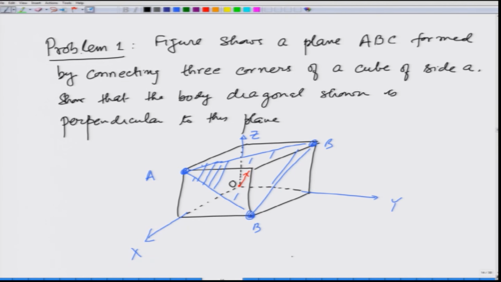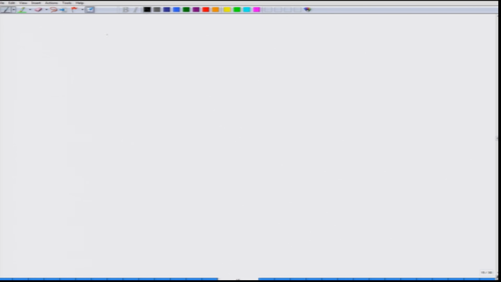Any plane, you will recall, is defined by two lines. So, we can take AB and BC to be the two lines defining this plane, and we want to use vector algebra now. So, I will draw the cube and the plane again. This is the cube.